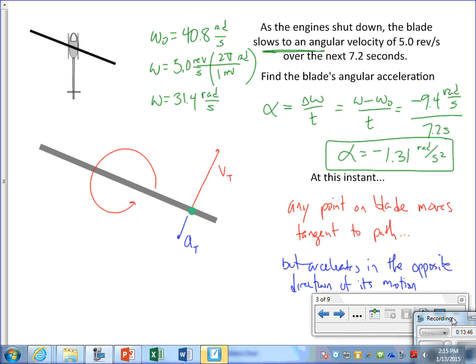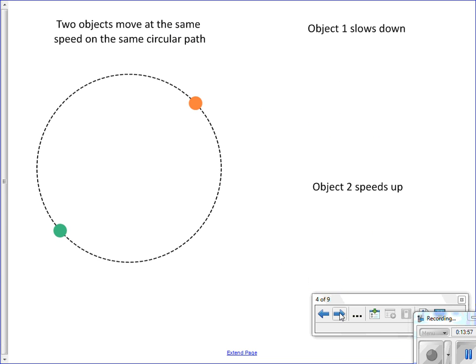All right, so we certainly have this angular acceleration, but that can lead to a tangential acceleration. So here's two objects not connected on some rigid thing like this, but just two objects moving in a circle on the same path. Let's call this object 1, and we'll say they're going this way, right? So their angular velocity looks like that, and this thing has a tangential velocity like that.